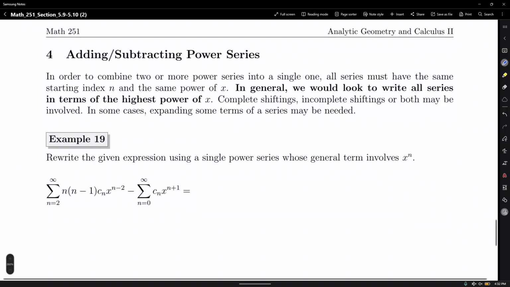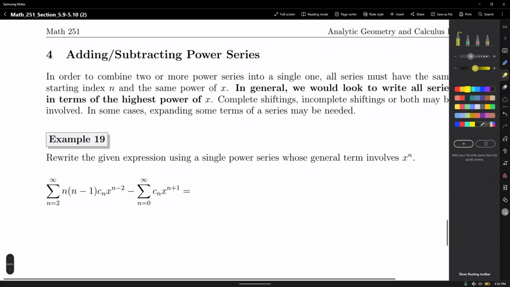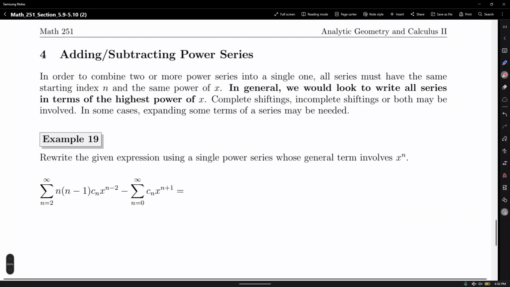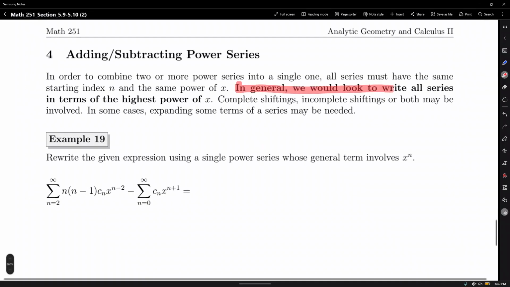However, we're going to do some of these shiftings, okay? So here is rule number one. Rule of thumb here is we would look to write all series in terms of the highest power that you see in all series. That's your key. That's your reference, all right?